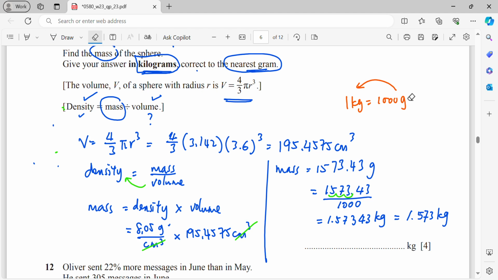Wait, so here it will be 1.57 kilograms, to the nearest gram. So that's the solution of this question.